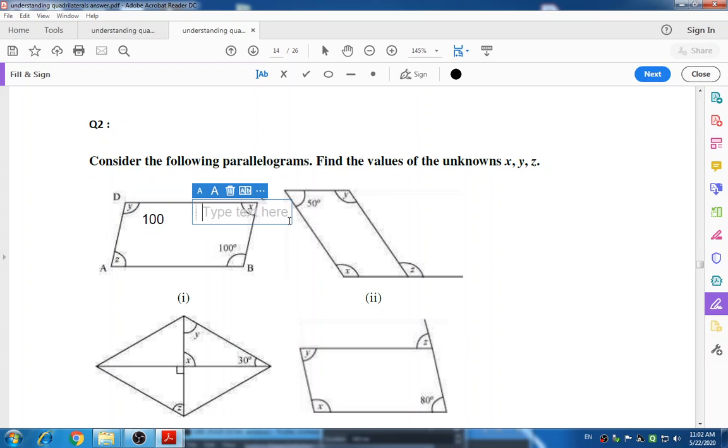How can we find the measure of that? We have to subtract 100 from 180. So we will get 80. So the measure of angle C is 80 degrees. And angle C and angle A are opposite to each other, that means again they are equal in measure. So the measure of angle A is equal to 80 degrees.